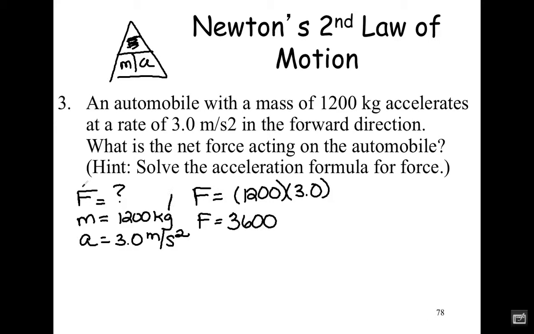Now because I'm dealing with kilograms and my acceleration is meters per second square, this unit will be newtons. Now if we double check sig figs, okay, we have 2 sig figs here and 2 sig figs here, so I am actually okay with that one because my answer has 2.